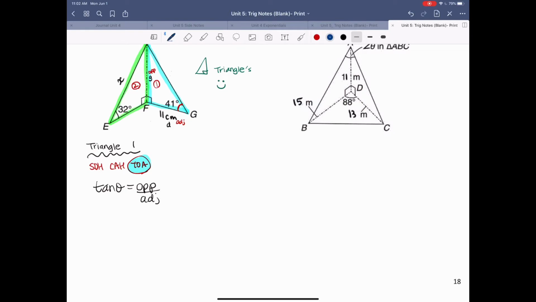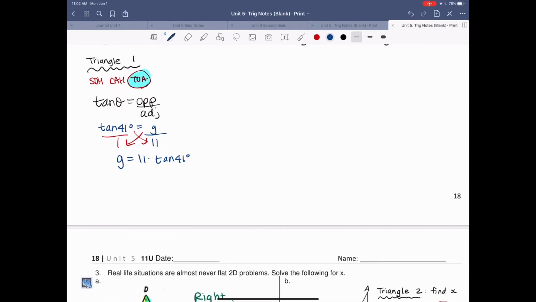I have tan 41 degrees, where opposite is the one that I don't know, and I'll label it as G for now, and adjacent is 11. I'm going to do cross multiplication, and so G is equal to 11 times tan 41 degrees. G is approximately equal to 9.56 centimeters.